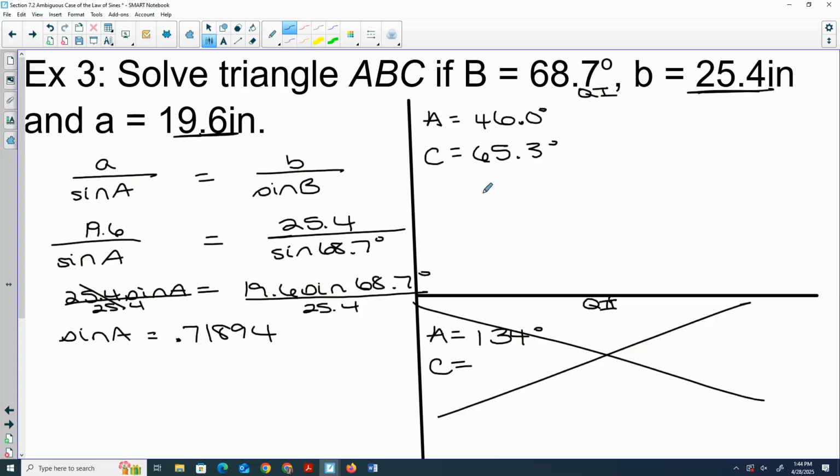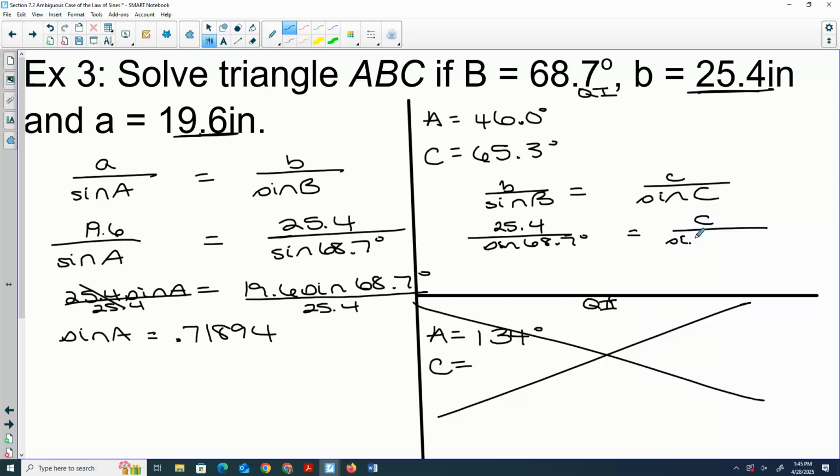And to get our side, we can do law of sines. I prefer to use information given in the problem if at all possible. So we could do B over sine B equals C over sine C. 25.4 over sine of 68.7 equals C over the sine of 65.3 degrees.